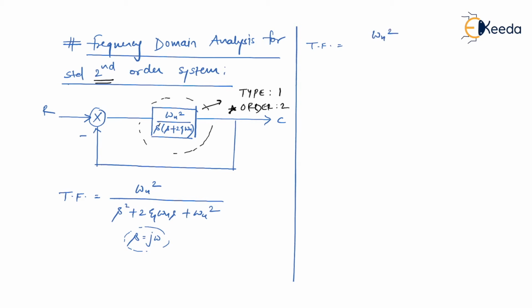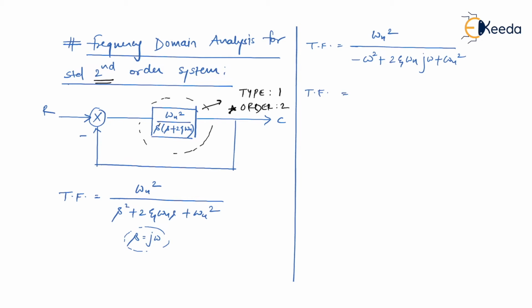The transfer function can be written as omega n square divided by, look at the first term, s square means j omega square. Naturally j square is minus 1, so it will remain minus omega square, plus 2 zeta omega n, s replaced with j omega, plus omega n square. So let me rearrange it properly.